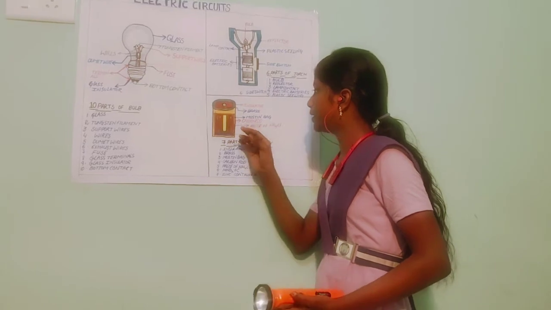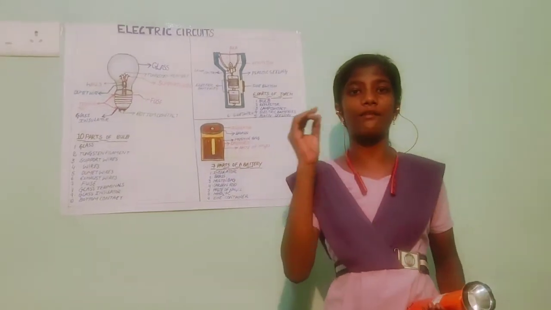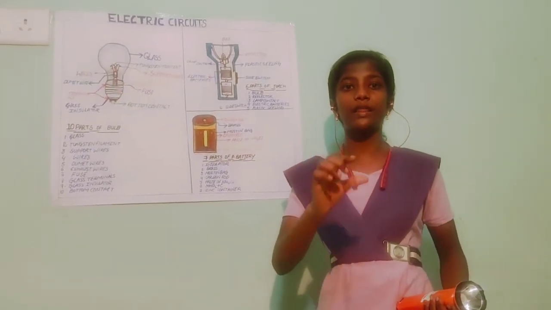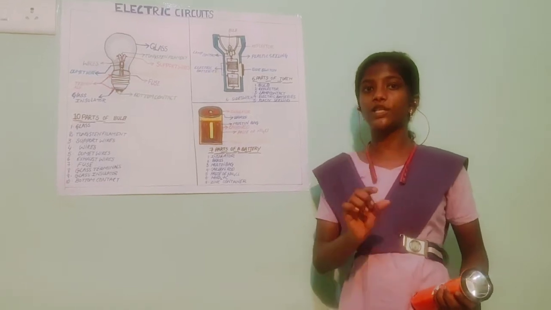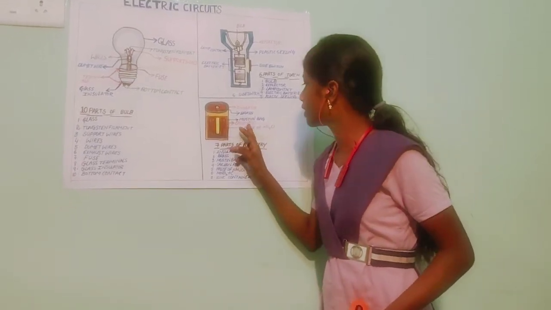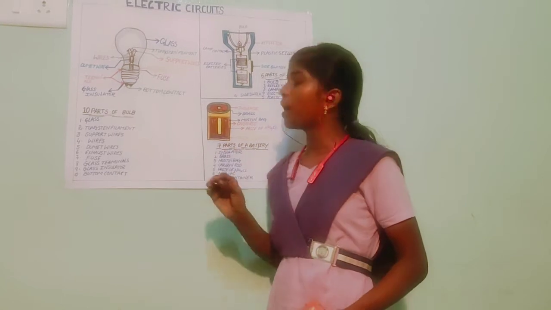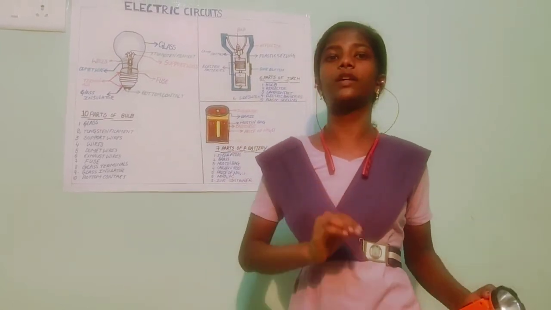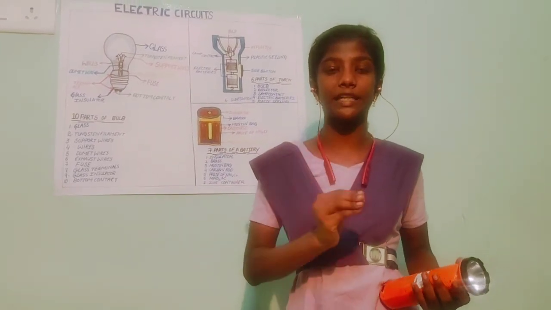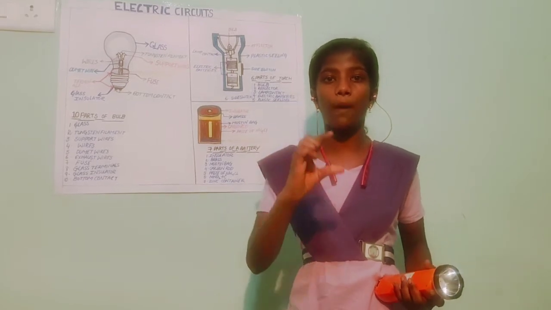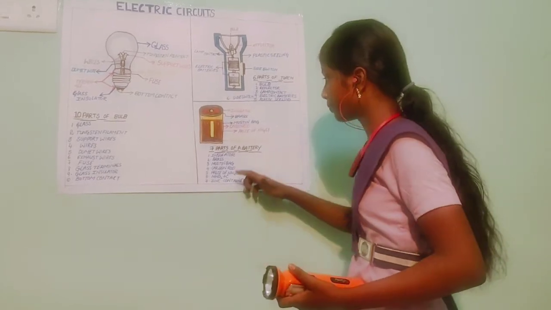Mustard bag. This mustard bag covers the battery with plastic or a metal shield. Carbon rod. By this carbon rod, we can produce electricity in the small part of the batteries.